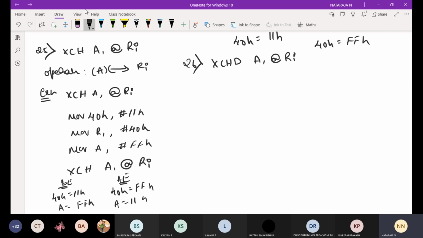Take the example for this. Exchange digit of A comma at RI. I will write the code. Move A comma #FFH. Move R1 comma #50H.